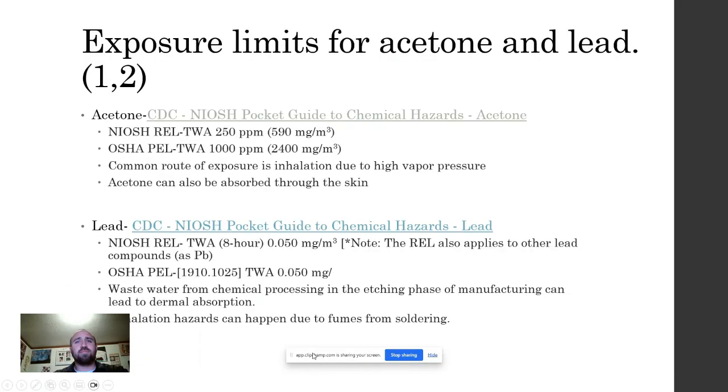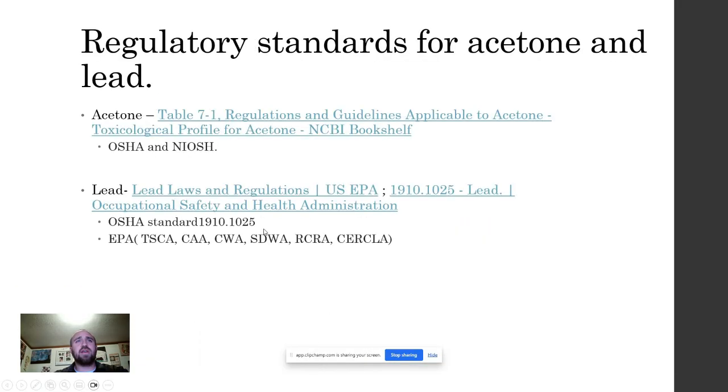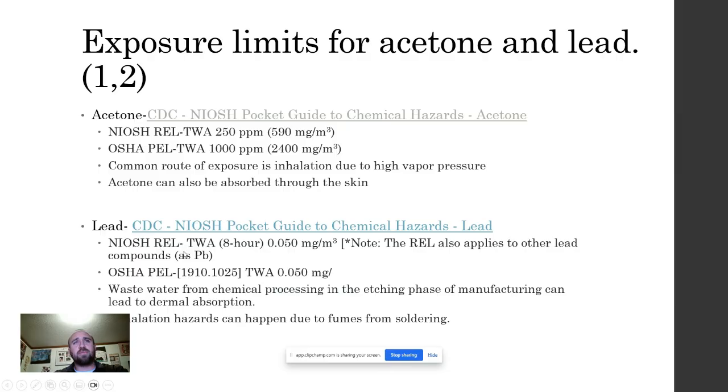Same thing if we cruise back and go to lead. Lead has a NIOSH REL of 0.05 milligrams per cubic meter, and then OSHA's PEL is the same thing, 0.05 milligrams per cubic meter. A lot of the exposure comes from wastewater from the chemical processing in the etching phase, and that can lead to dermal absorption.